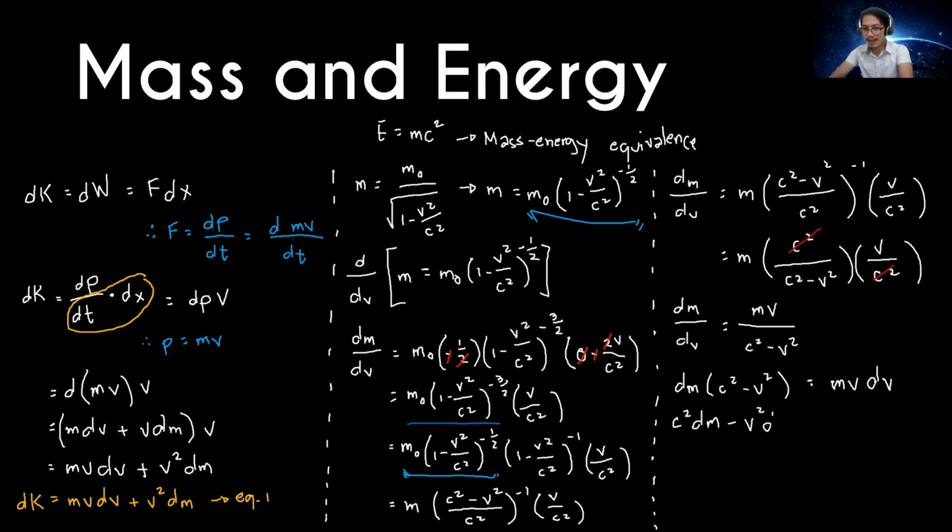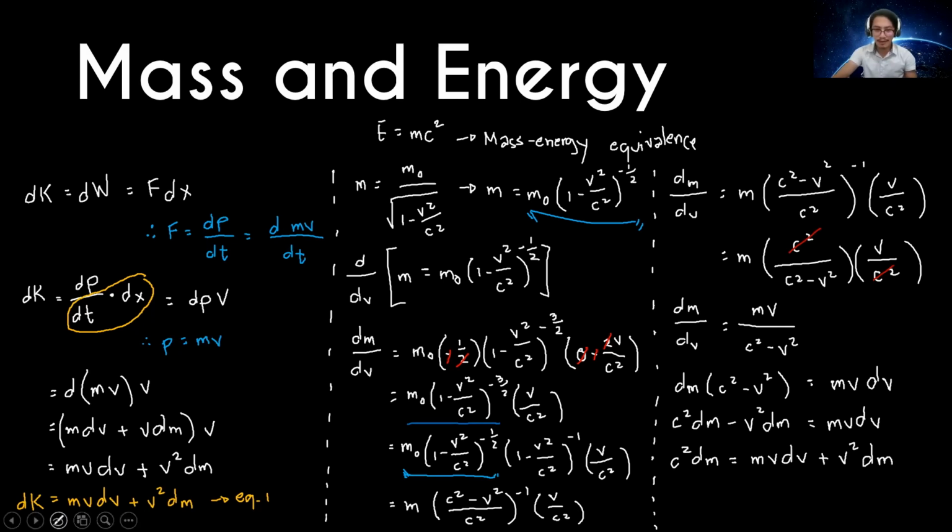V squared dm equals mv dv. Now, we are going to transpose natin si negative v squared dm sa kabilang equation. That will become c squared dm is equal to mv dv, positive na, plus v squared dm.